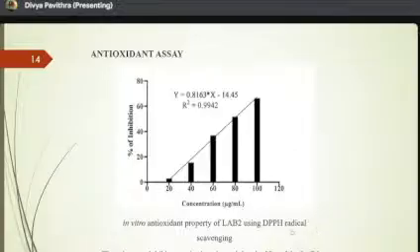The inhibition concentration was found to be 43 microgram per ml for the EPS, the extracellular polysaccharide that we purified from the LAB2 bacteria.